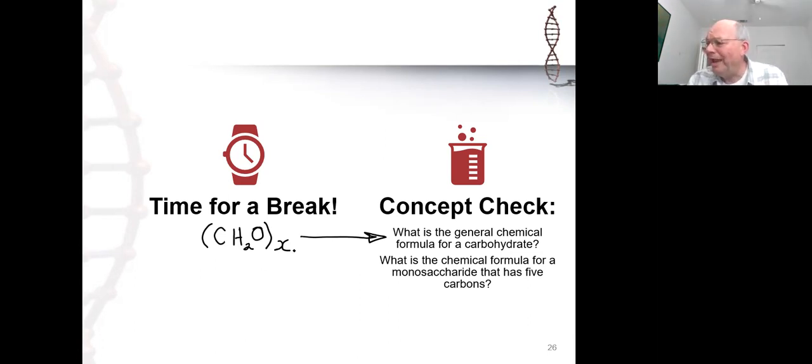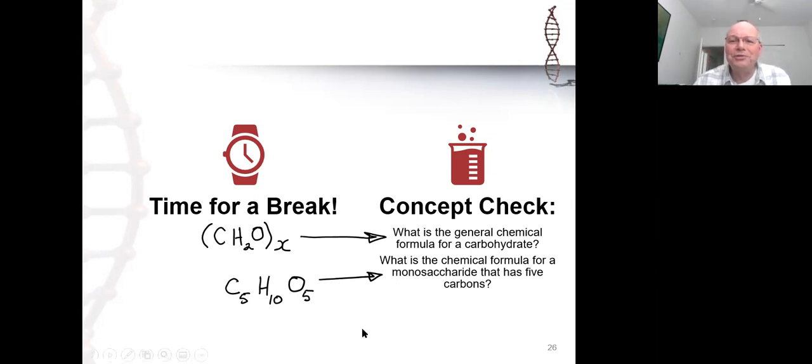So if X is 5, which is what we're implying here, then it would be C5 and it would be O5, but we multiply 2 by X, which is 5, and so it would be H10. So a monosaccharide that has 5 carbons would be C5H10O5. That will be the answers to those two questions.